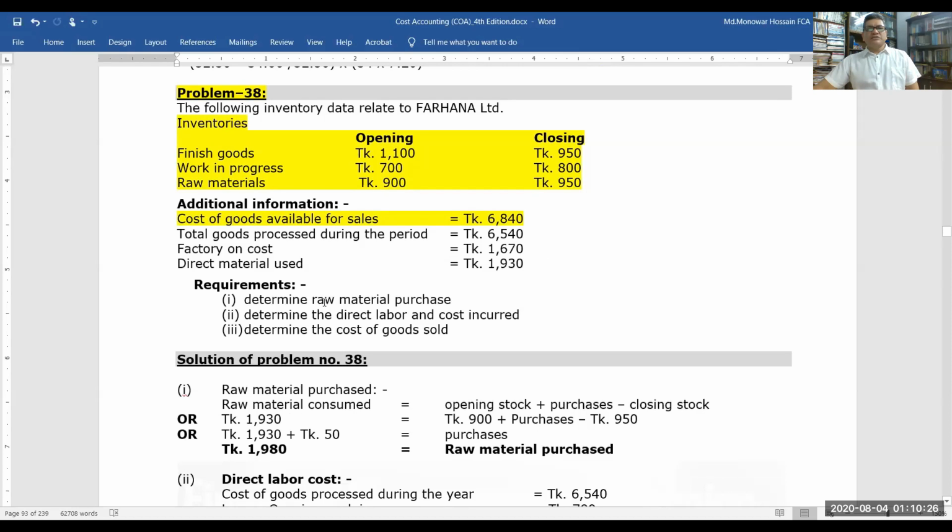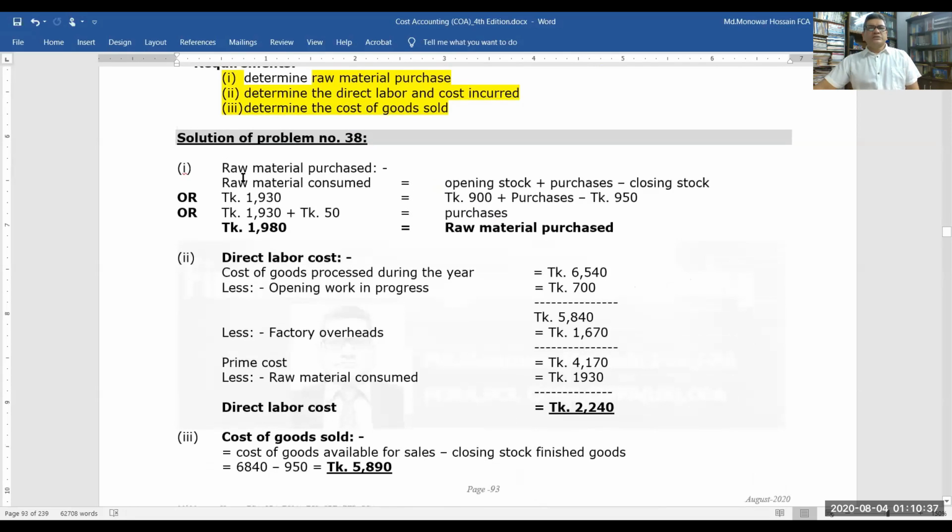So we have to determine the raw material purchase and direct labor cost incurred, and we have to determine the cost of goods sold.